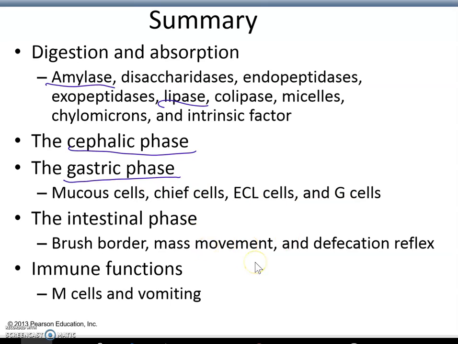We mostly talked about the chief cells and the mucus cells. In the intestinal phase, we have the brush border enzymes, mass movement, and the defecation reflex at the end. And the immune functions include M cells, and the vomiting is actually considered an immune function.